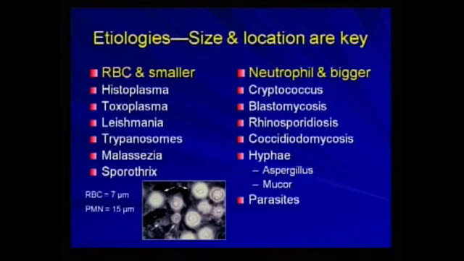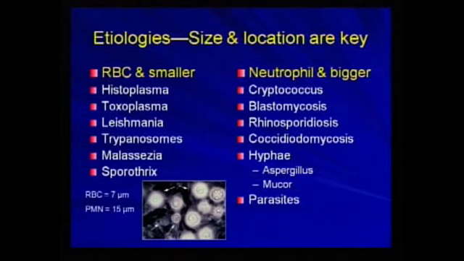When we look at infectious agents, I believe that size and location are key. Luckily, they do tend to vary in size. And because we don't generally use micrometers or stage micrometers when measuring these agents, I like to use things that are almost always present in the smears and judge their size against that.